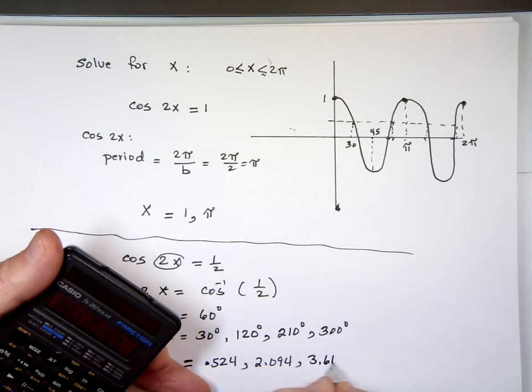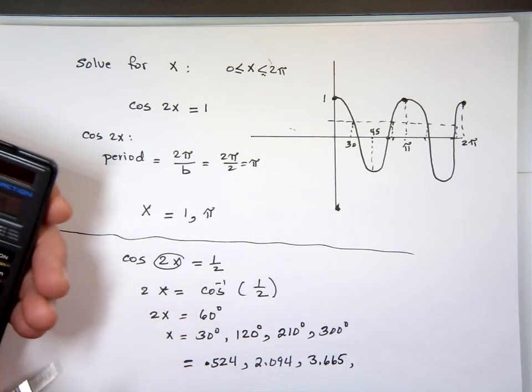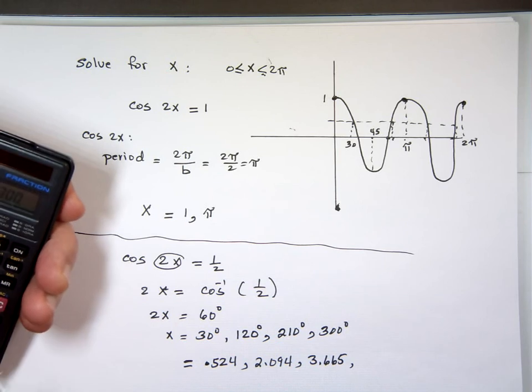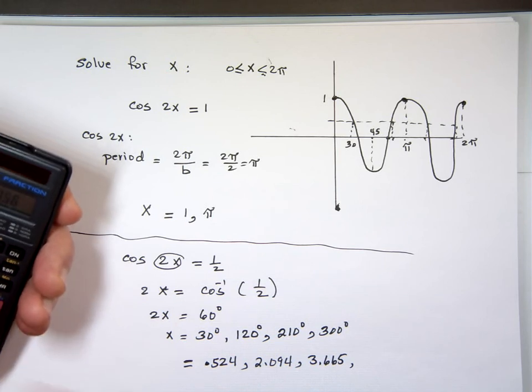And 300 times pi divided by 180 equals 5.236 radian.